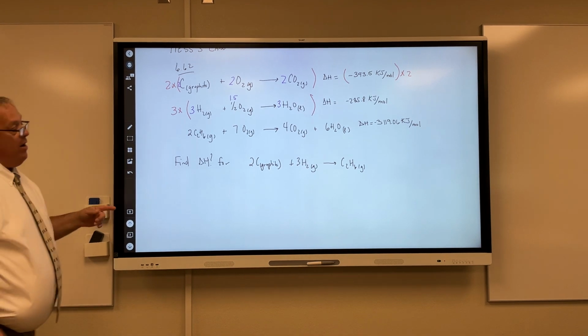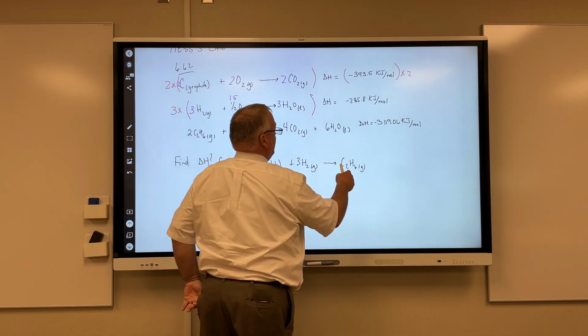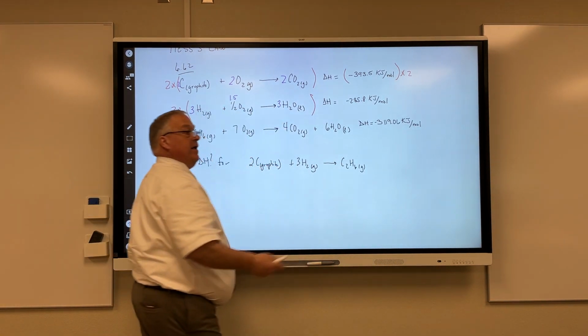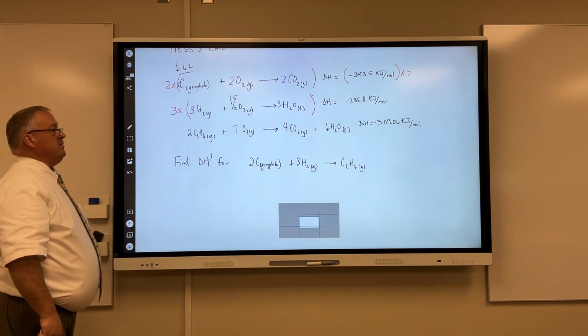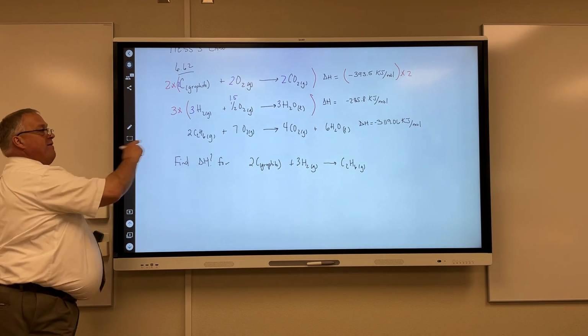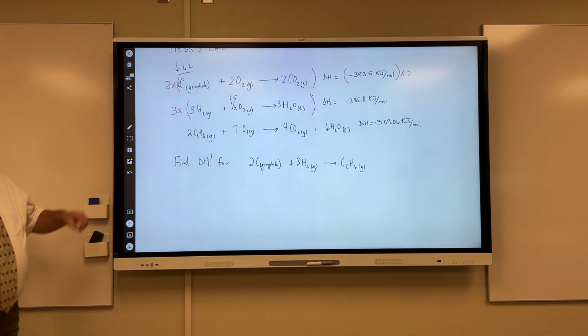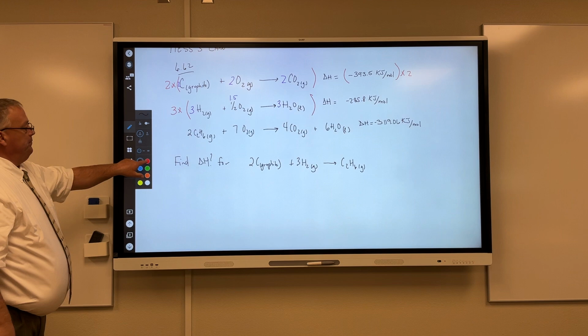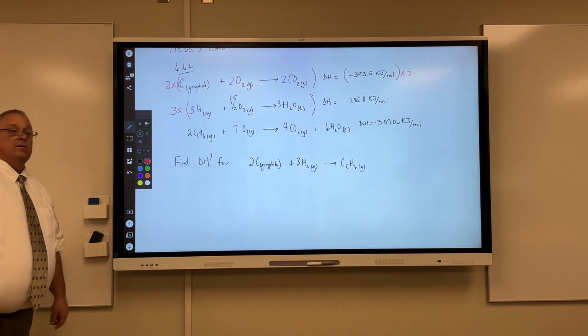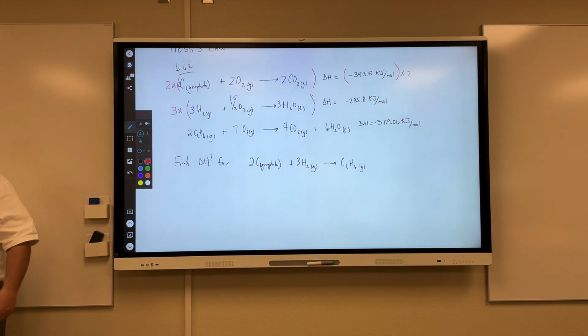So now we need C2H6 on the product side. Do we have any reactions here that we have C2H6 in? Yeah, the third one. But to do that, what do we need to do? We need to reverse that reaction, right?